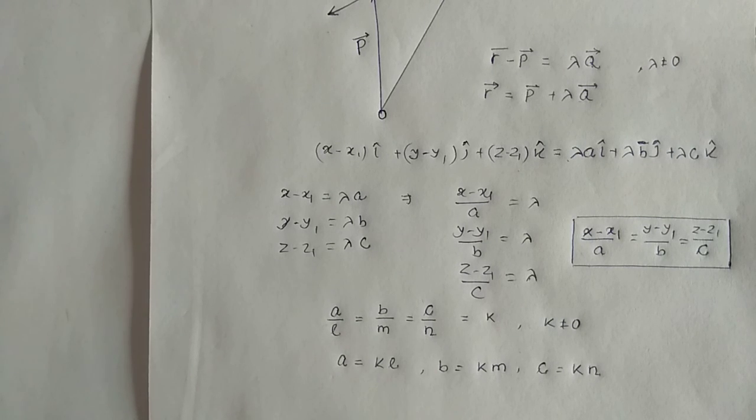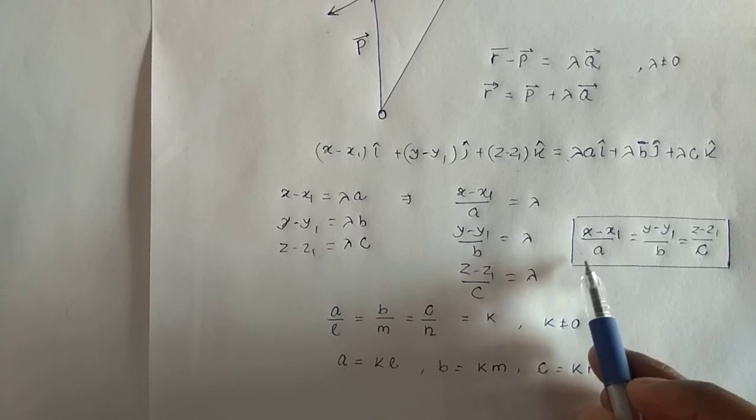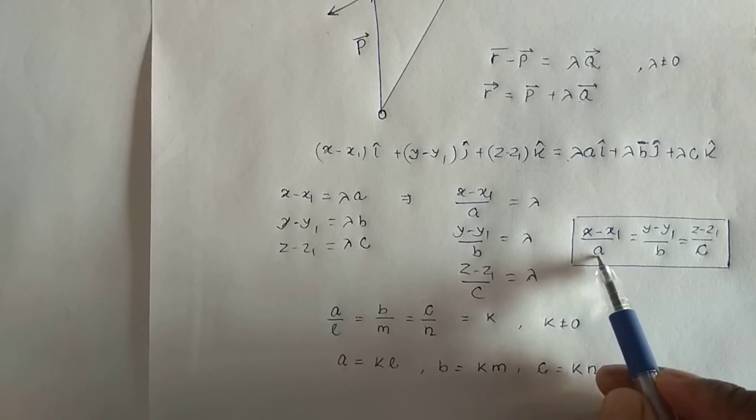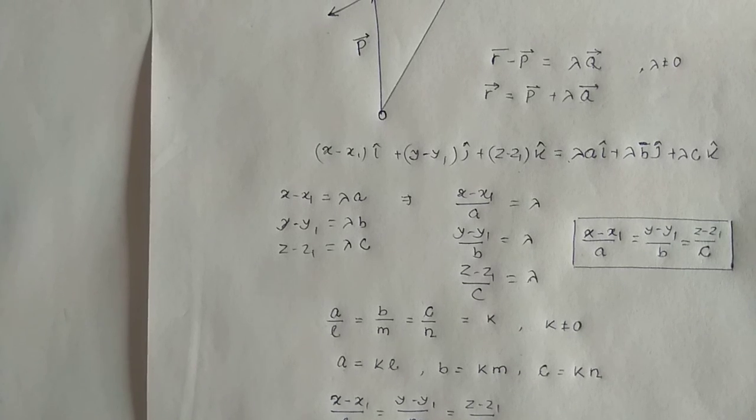If we replace these direction ratios here, here and here, we get (x minus x1) by l equals (y minus y1) by m equals (z minus z1) by n. Here the term k is not present because we multiply by k, and it is removed from everywhere.